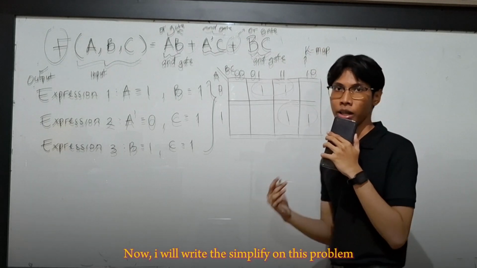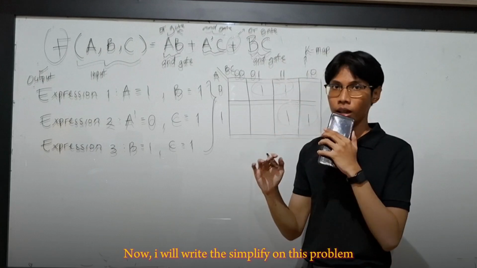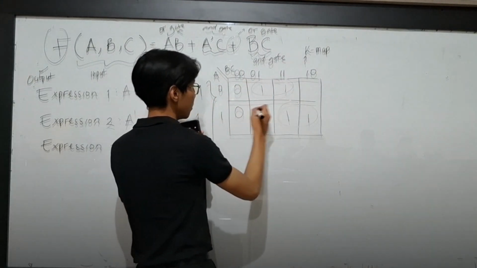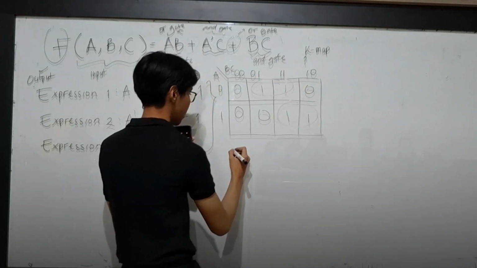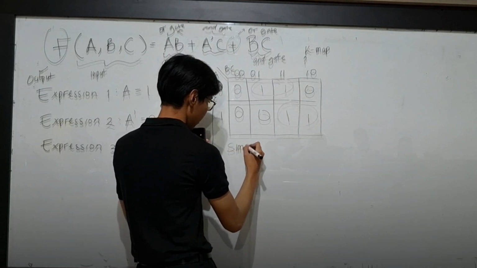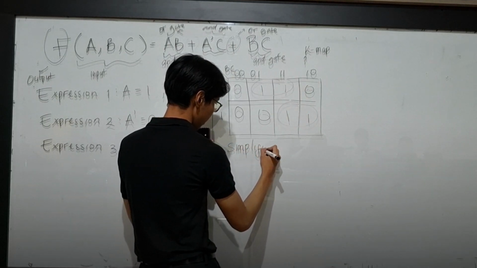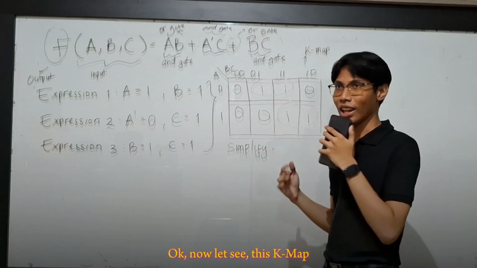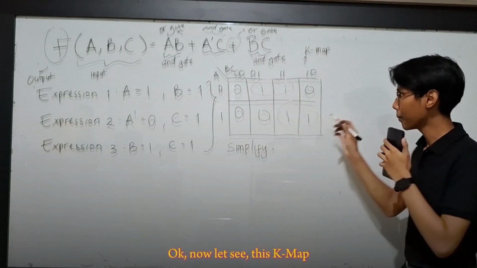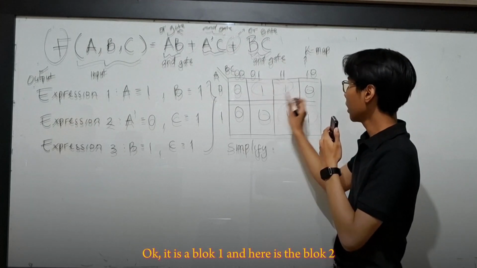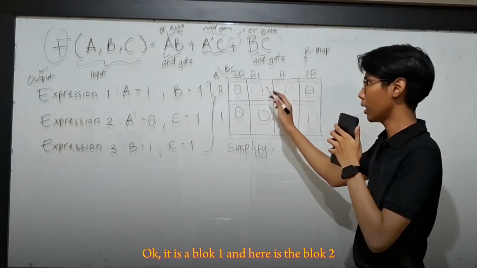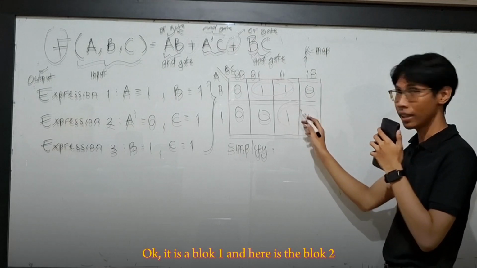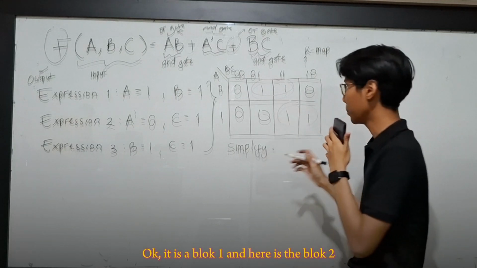Now I will write the simplification for this problem. Okay, now let's see this K-map. This is block 1 and here is block 2.